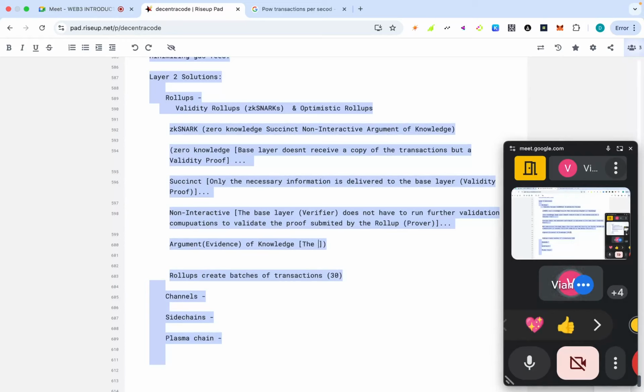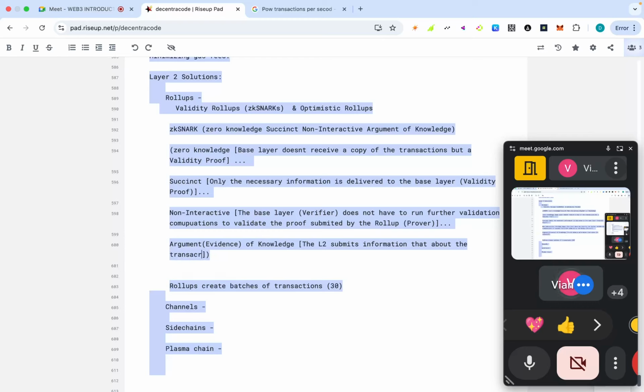So argument of knowledge, in this case, simply means: the L2 submits information to the base layer about the transactions it has processed in a single batch.